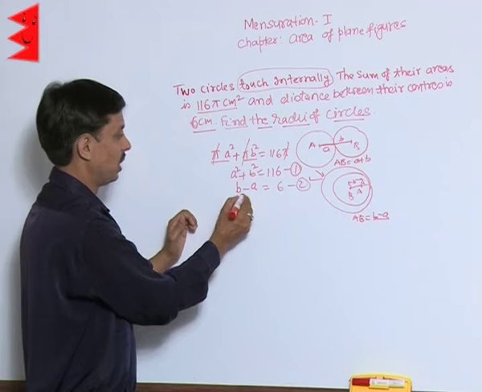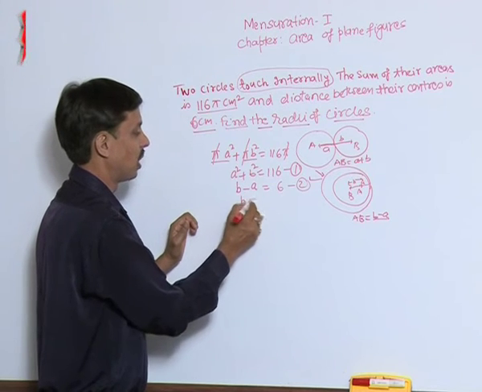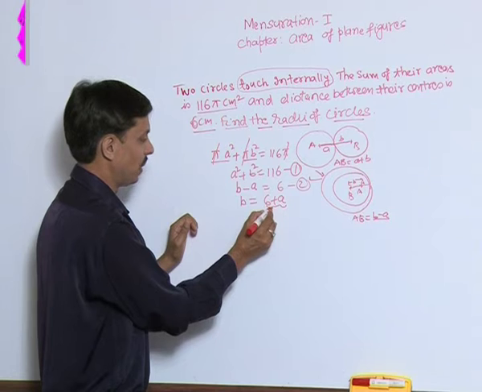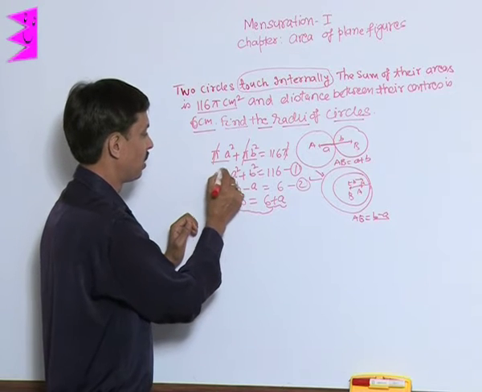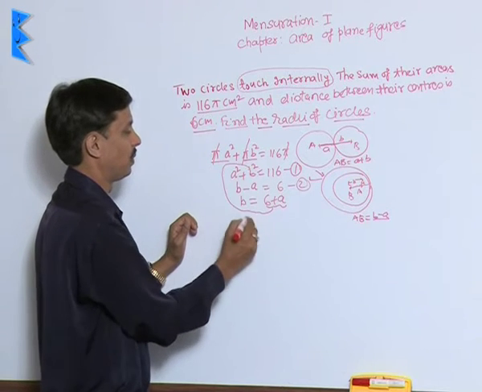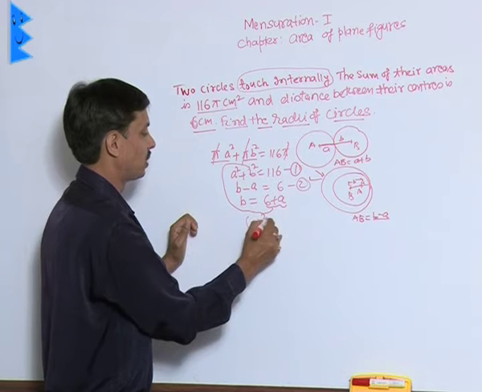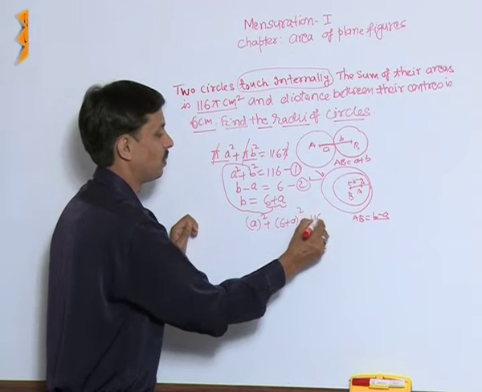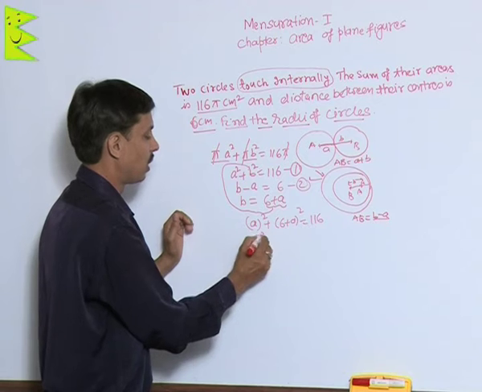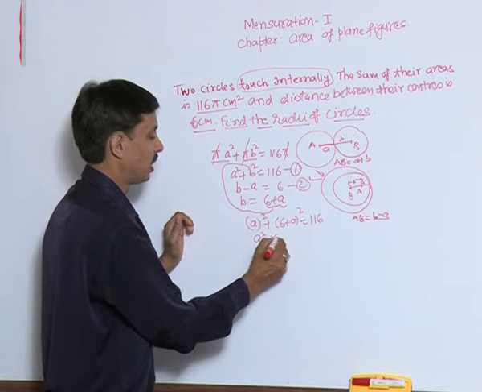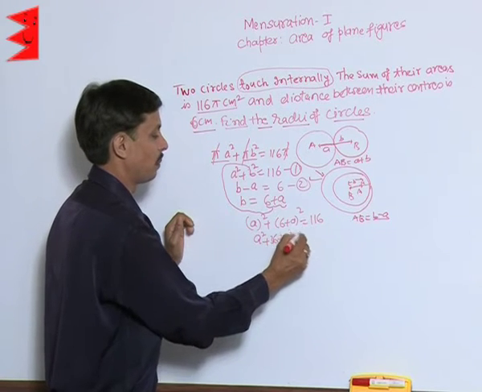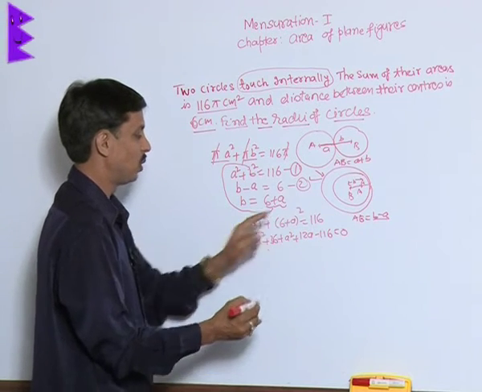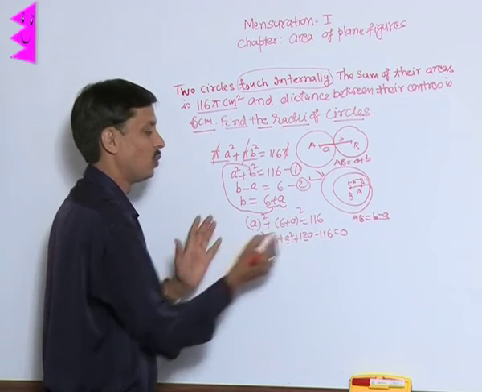Now from equation number 2, B is 6 plus A. If I ask you to replace the value of B from equation number 2 in equation number 1, we will get A square plus (6 plus A) whole square is equal to 116. This comes out to be A square plus 36 plus A square plus 12A minus 116 is equal to 0, because (A plus B) whole square is A square plus B square plus 2AB.